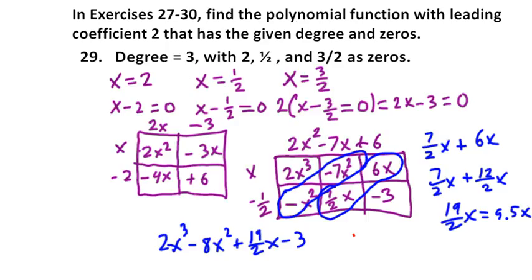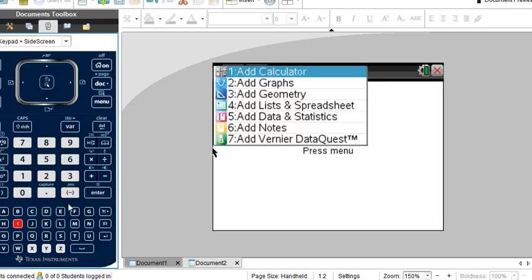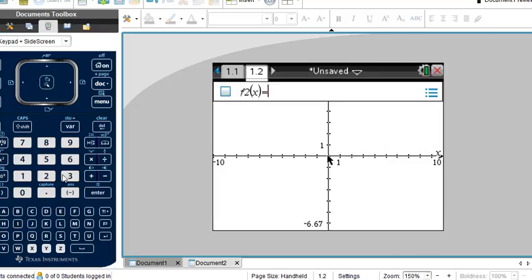So let's go to our graphing calculator and make sure everything looks good. Control I, add graph.